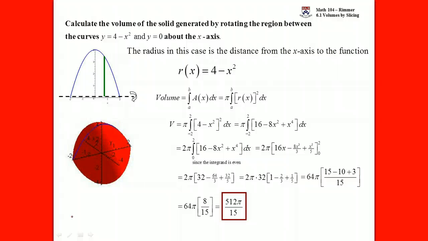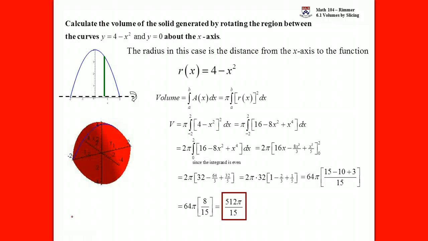And it just so happens that in these last two examples, the radius was always the height of the function. It's special because it was the x-axis and the function was graphed in a certain kind of way. Not always going to be that. Please don't assume that. It doesn't have to be always that you're rotating about some axis that is horizontal like this.